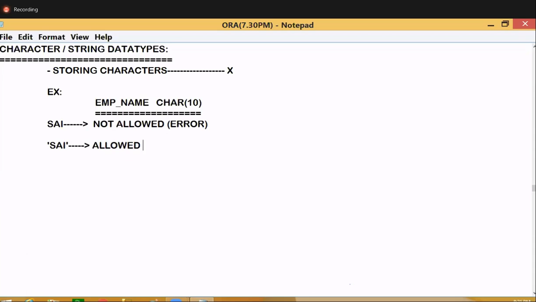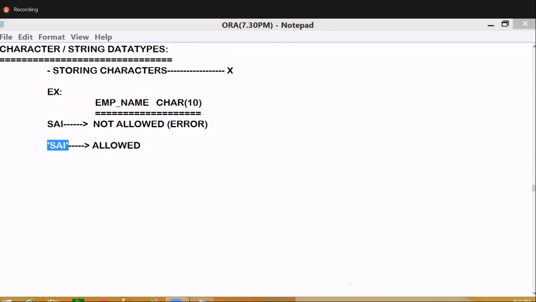Your question is what is the difference between Sai here and Sai here. Sai without quotes is just characters, but with quotes it is not a character; it is a string.